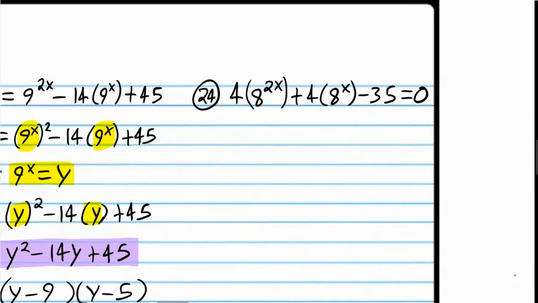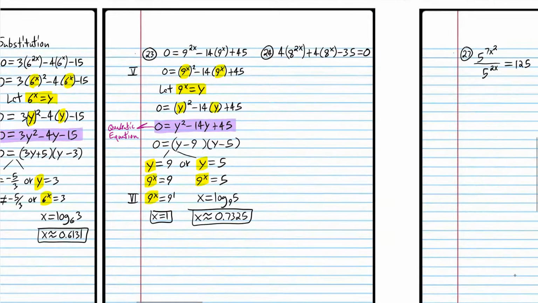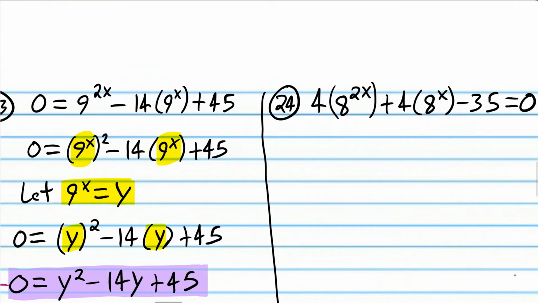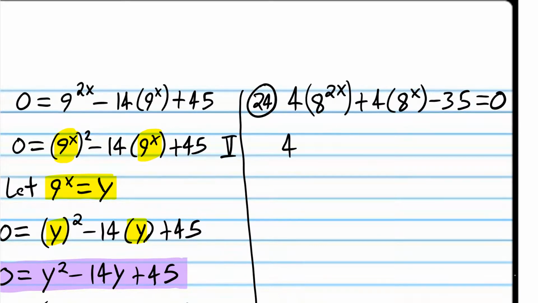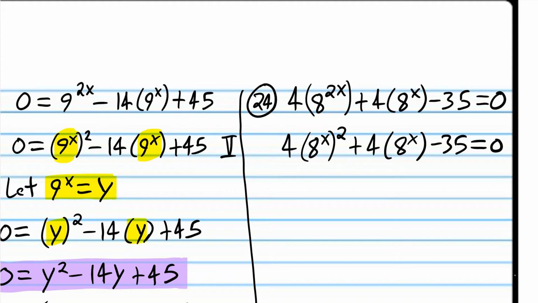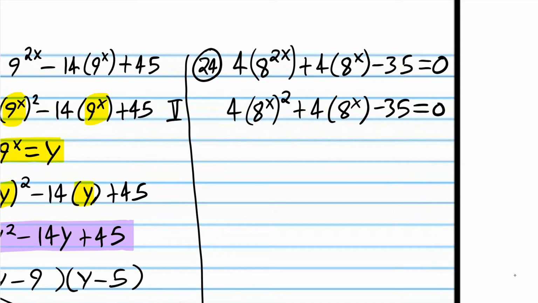So we're going to use rule number 5 in the first step. Rule number 5 in reverse. So that 8 to the 2x is going to become 8 to the x raised to the second power. And you see that these 8 to the x's are the same now.